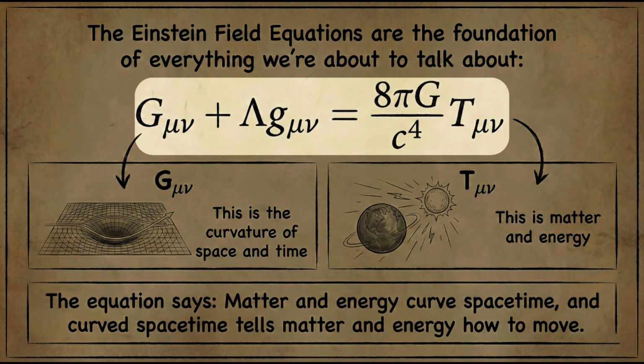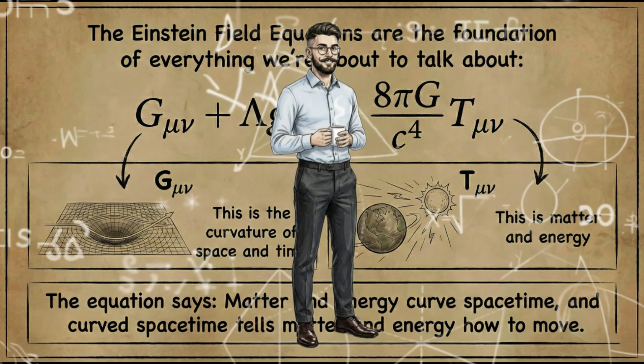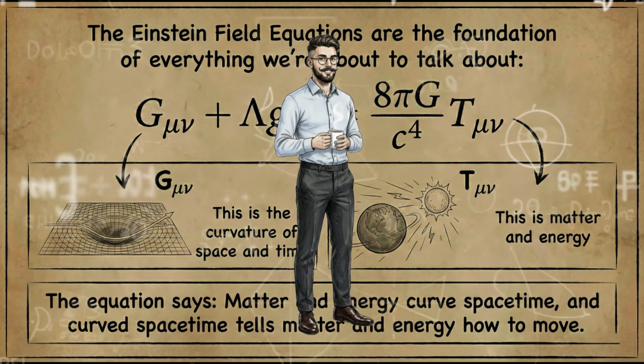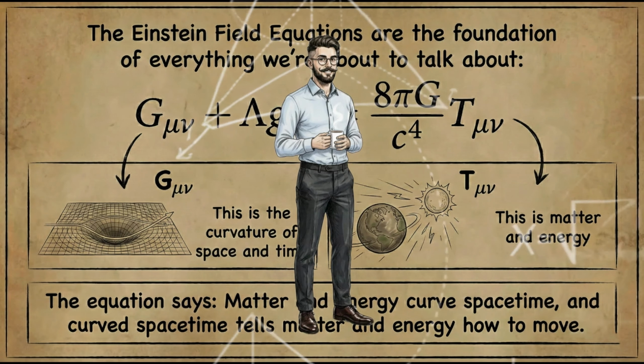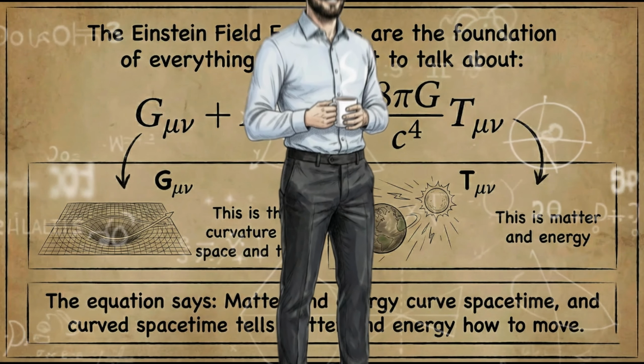G_μν + Λg_μν = (8πG/c⁴) T_μν. I know, it looks intimidating, like the kind of mathematics that breaks brains. But here's what it means, and this is the beautiful part.